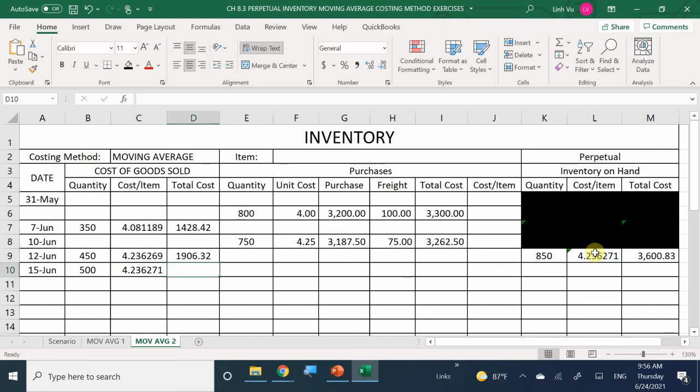All right. So what is going to be my total cost of goods sold for selling 500 items? I got 2118.13. You have to round up for this one, so that's okay. Okay, so 2118.14.